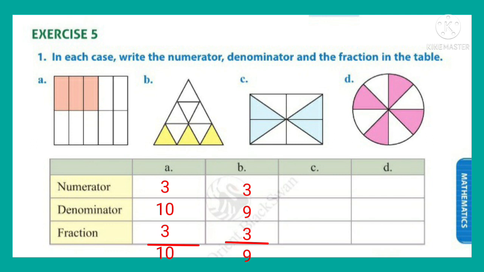And how many equal parts? 8. So the fraction is 4 by 8. And the last one, how many parts are colored? 4. And how many equal parts are there? 8. So what will be the fraction, children? 4 by 8.